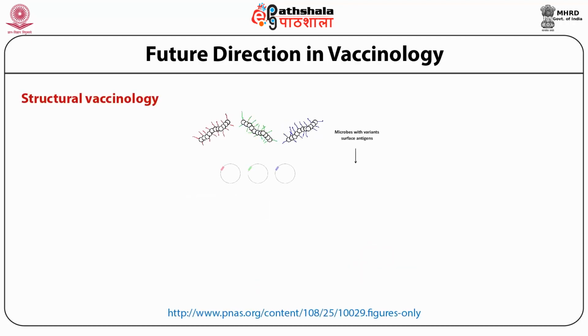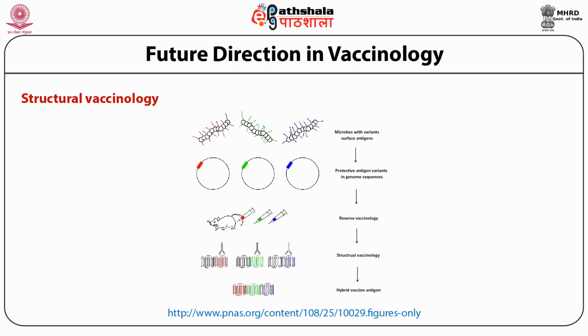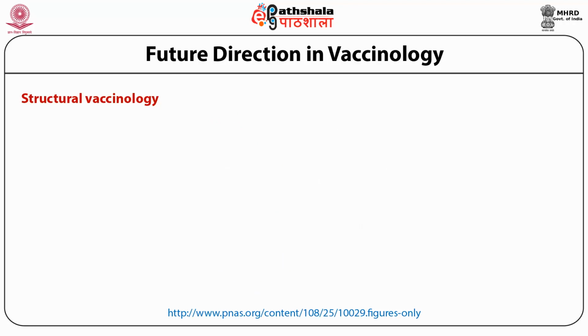Structural vaccinology is used to develop vaccines against various microbes. Microbes evolve variants of protective surface antigens to infect hosts with existing immunity. So the key protective antigen genes are identified in the genome sequence of pathogen isolates on the basis of their variant sequence.